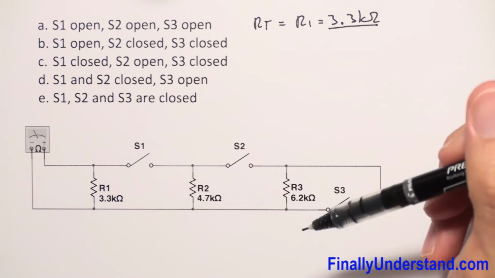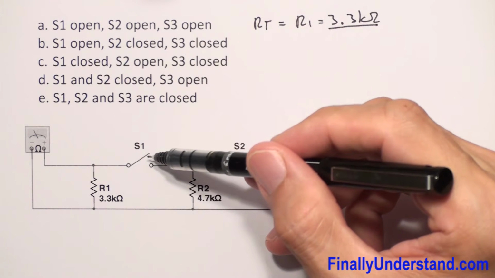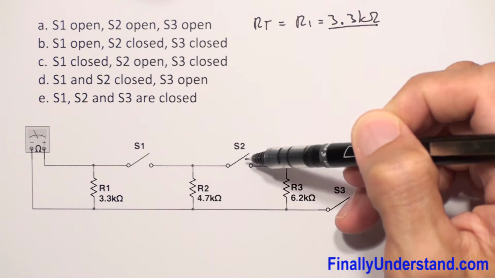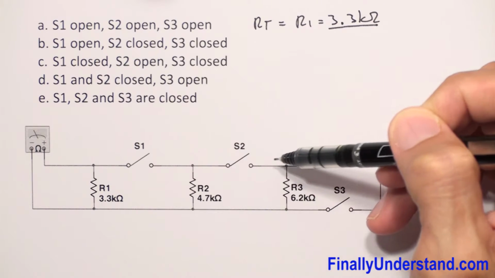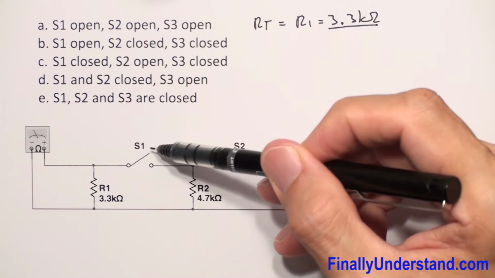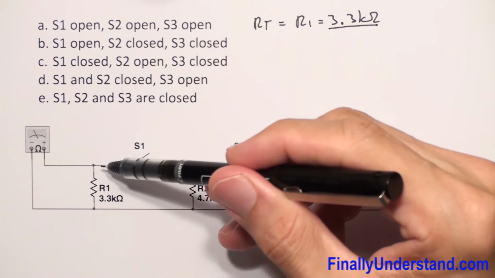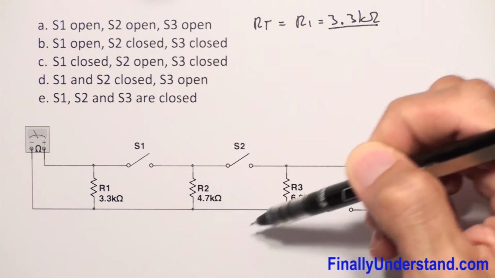Part B. S1 is open, S2 is closed, and S3 is closed. As I said before, when S1 is open, there is no current flowing to this section of the circuit.